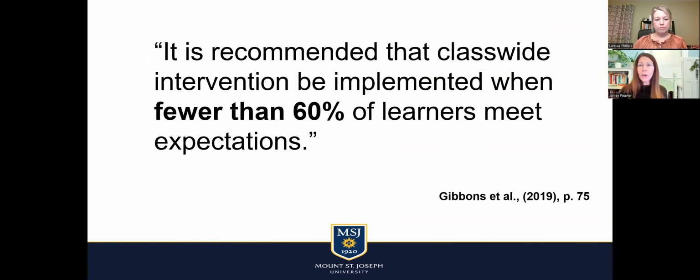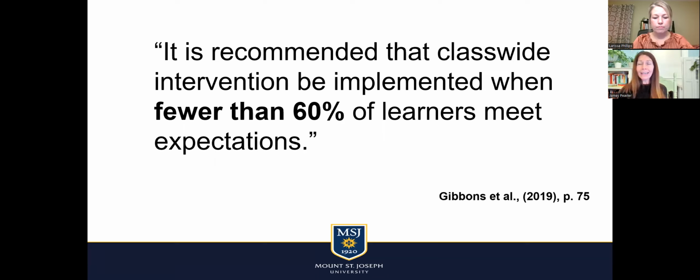And so we know that no matter how well our universal instruction is looking, no matter how well we're monitoring our data, there are still going to be students that are going to surface as needing more than what we're providing in our universal instruction. But the point here is that when we have an identified skill from our assessment data that shows that less than 60% of our students are meeting the threshold for that skill, we do have to intervene, but we may need to intervene in a whole group model.